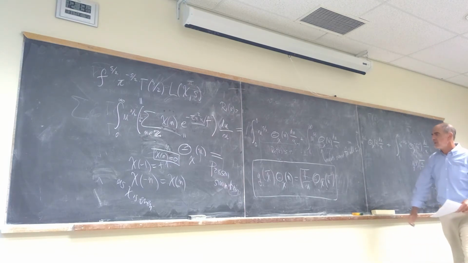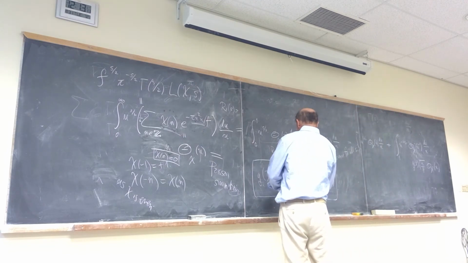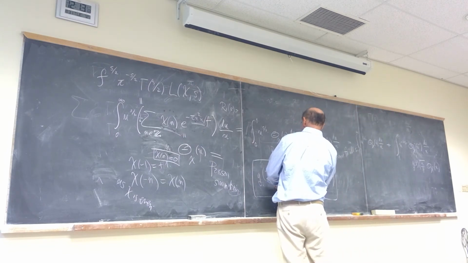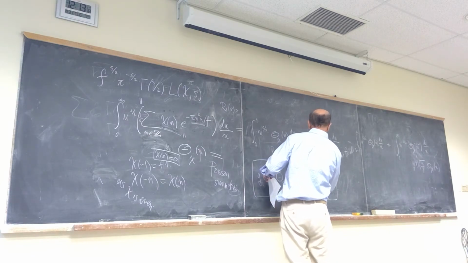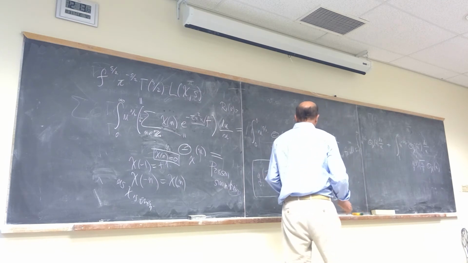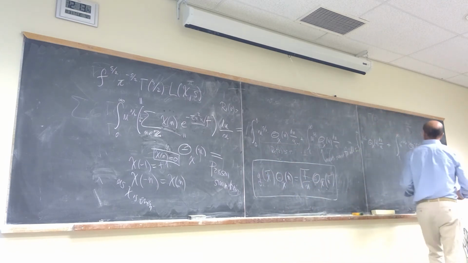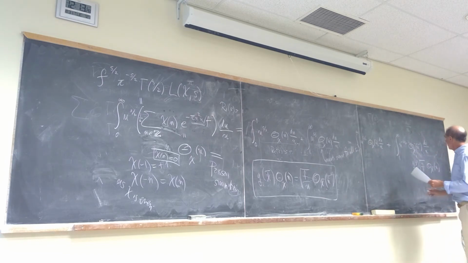And I hope I did this right. So if I put a u inverse here, well, let's put a bar here, and then this becomes g of chi, square root of f over u, theta chi of u inverse. Yeah, I think that's right.